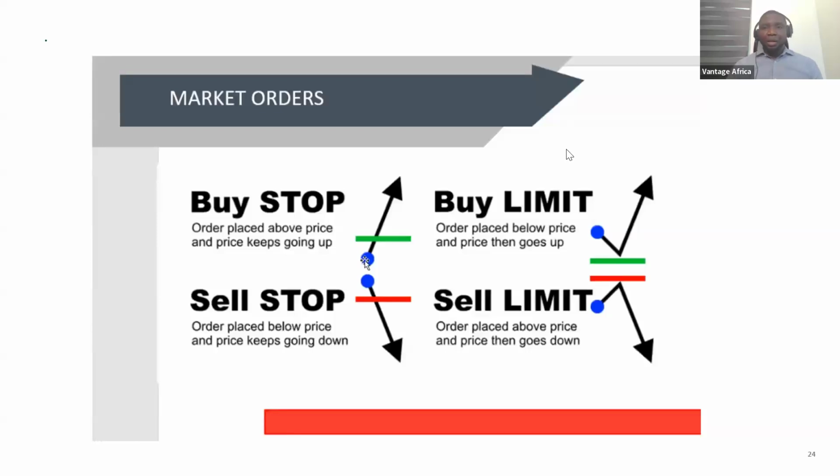Okay. So this is what it takes to use a pending order, as against market order. So you have to decide as a trader which order is suitable for your trade per time. Now, the beauty of using pending orders is that you don't have to sit around the market waiting for a long time for price to get to your entry level, right?